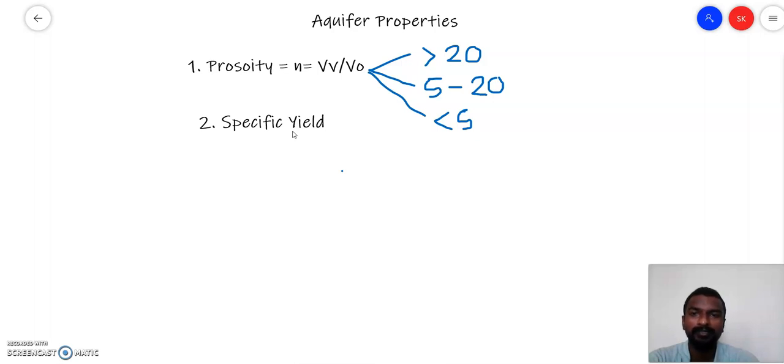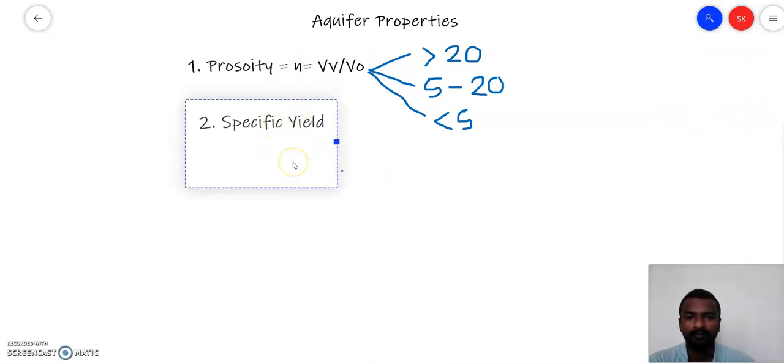Some amount of water will get retained. We can also define it in another way: porosity, that is n, is equal to specific yield plus specific retention.